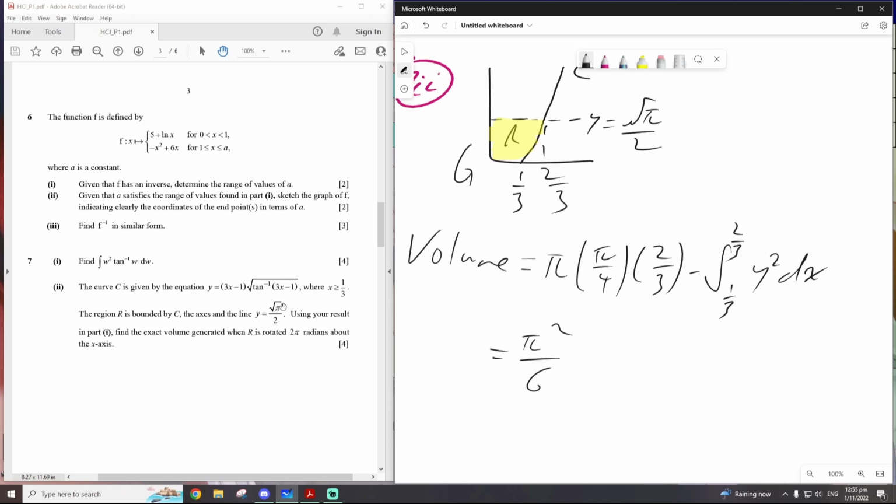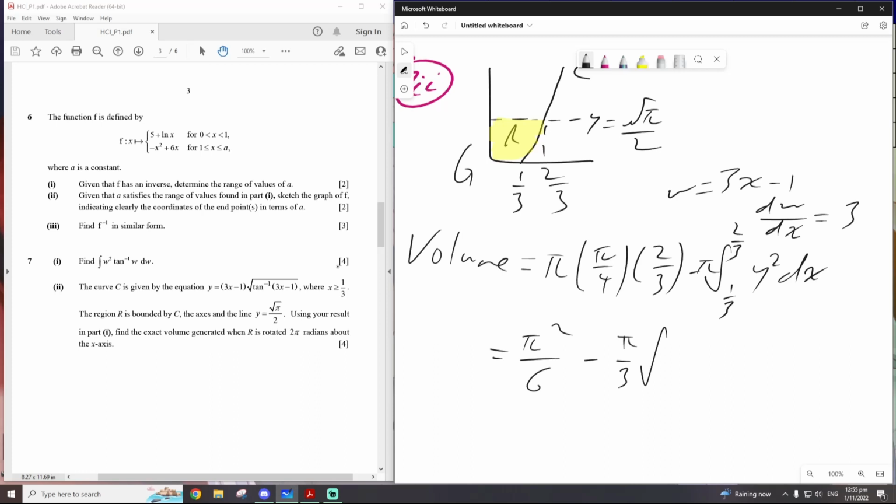If w is 3x minus 1, then dw is 3 times dx. So I must take out the 1/3 here. Oh, and I forgot the pi on the outside here also. Sorry about that.